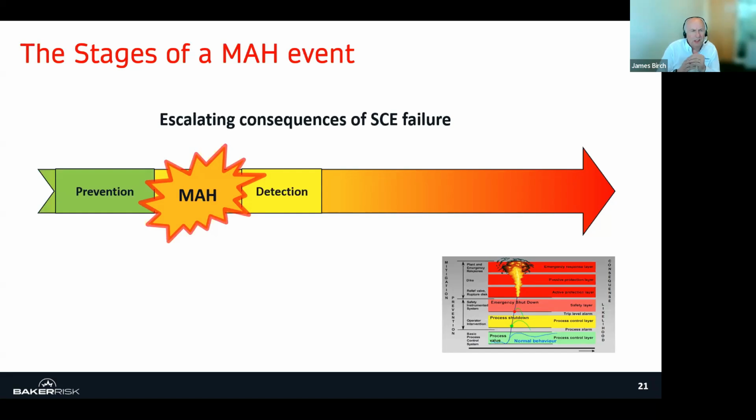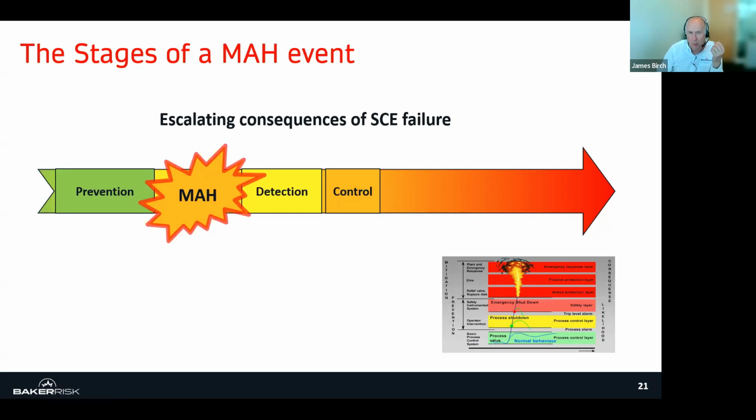We want to have detection systems that warn us very early, very reliably, that the problem's occurred, so we can start to take action and deal with it. And that brings us to the next stage, which is, can we bring it back under control? Can we now turn the corner quickly enough to save the day, to get back to a safe condition? So we need systems in place, we need barriers to try and do that.